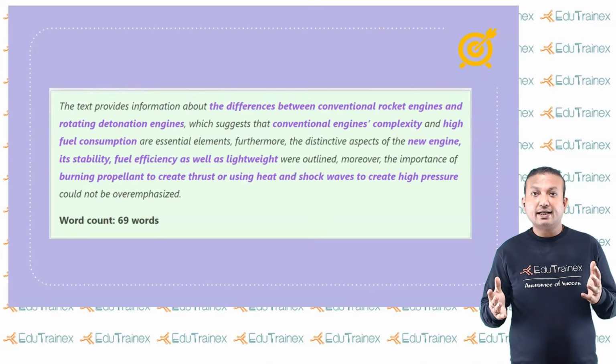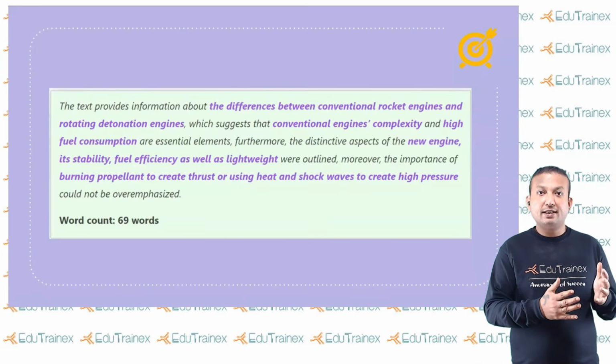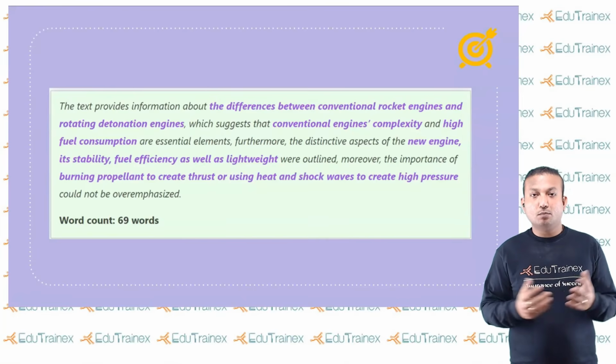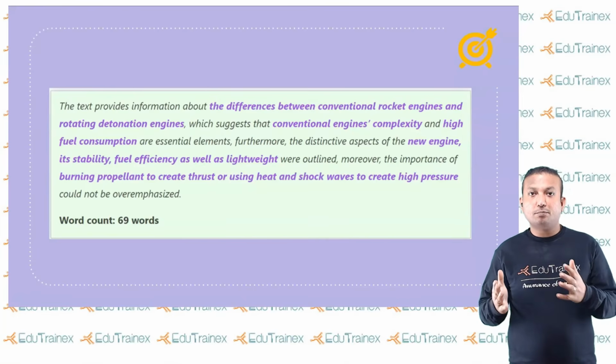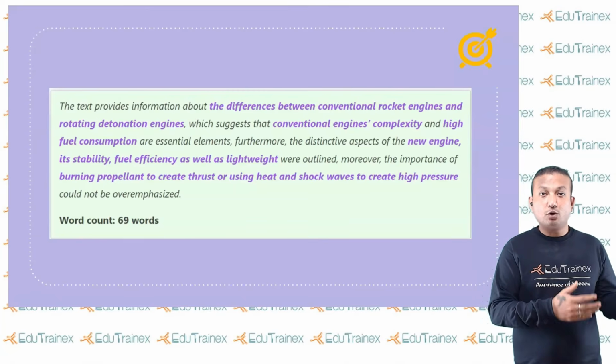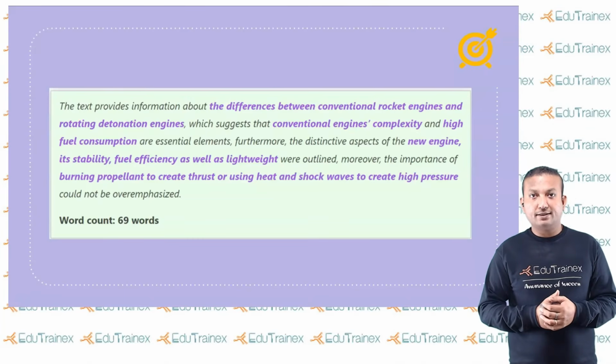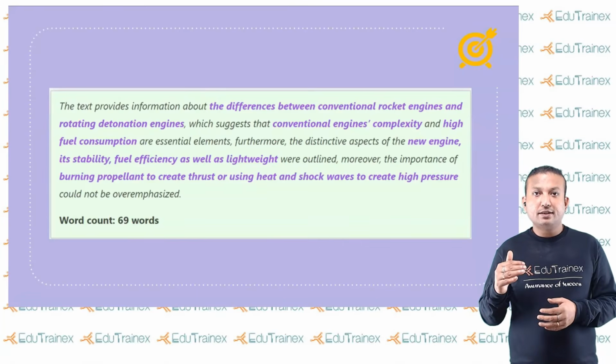Furthermore, the distinctive aspects of the new engine, its stability, fuel efficiency, as well as lightweightedness, are outlined. Moreover, the importance of burning propellants to create thrust or using heat and shock waves to create high pressure could not be overemphasized. So, the word count is 69 words, which is again within the limit specified by the PTE.